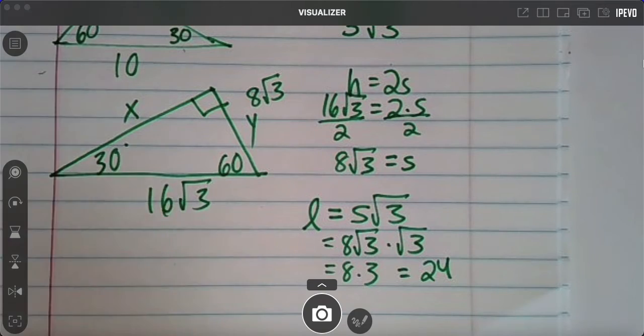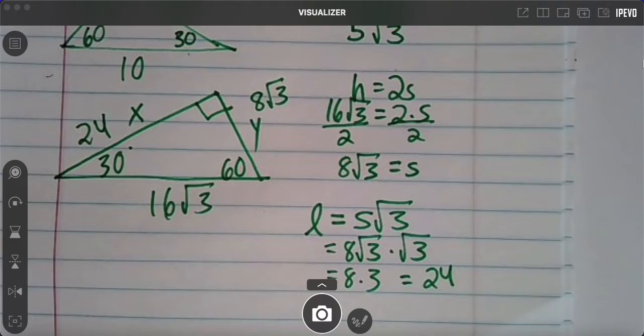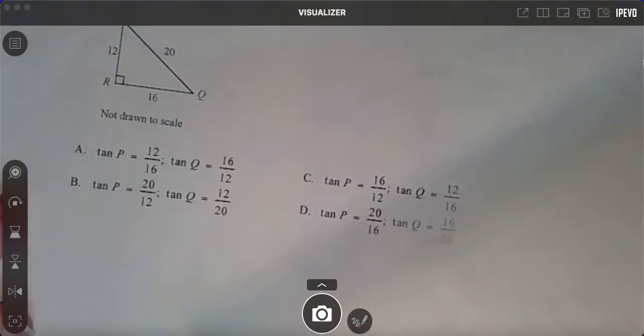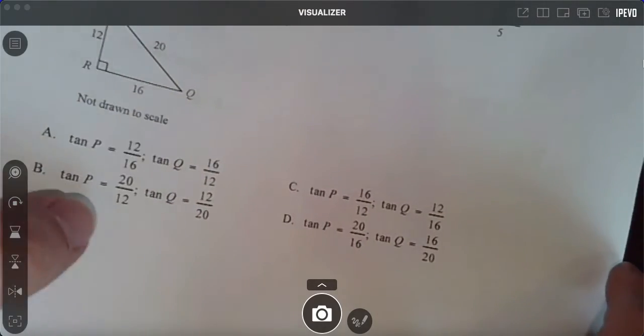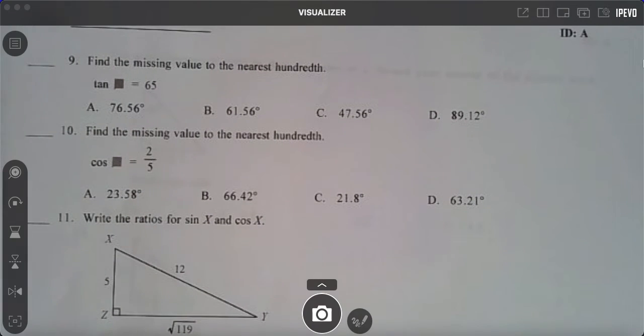The long leg would be 24. This one's not on there. It was the one before it. Okay, I tried to pick easier ones for y'all on those two problems. Then the next page, and remember this one has extra, it's not this long. There's only 10 problems. These, I like these. There's one of them on there.